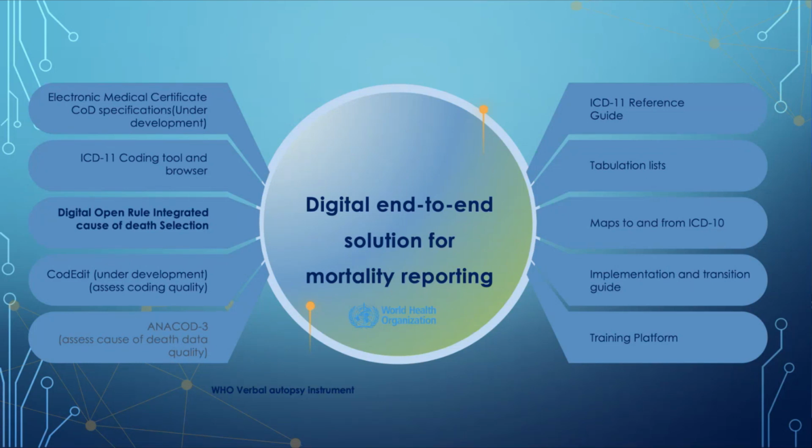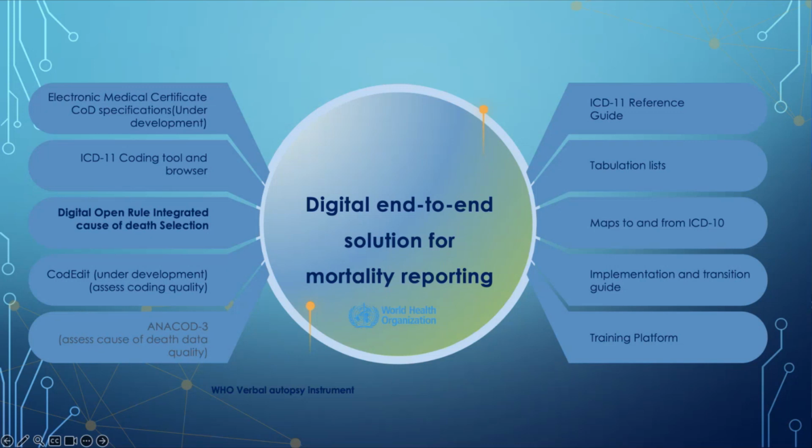There is the digital end-to-end solution. I'm not going to go into details, but we have a set of tools that supports users in reporting mortality from the EMCCD, so from the input side to the output side, which leads to the ANACoD3. In between, we have the coding tool and browser that we showed, and the DORIS tool that I'm going to show.